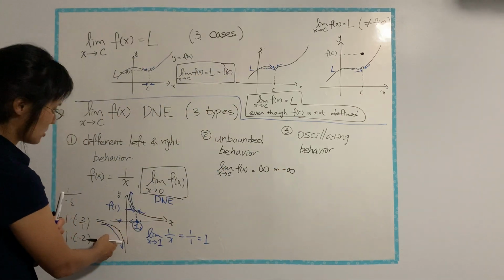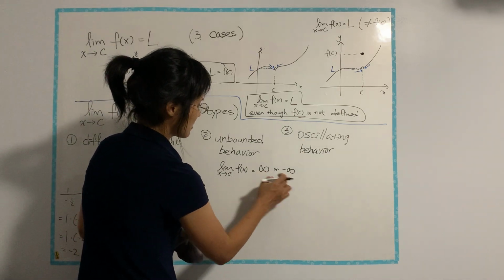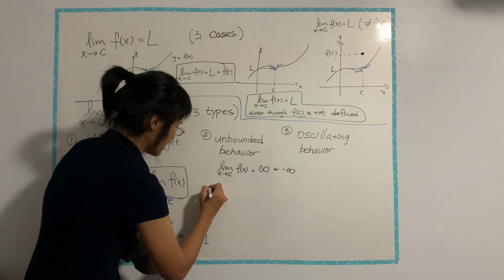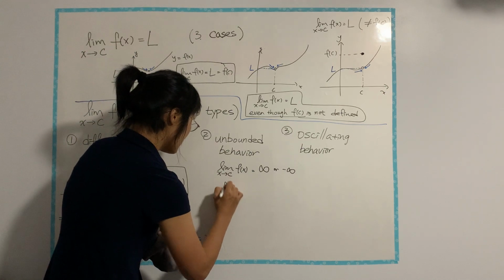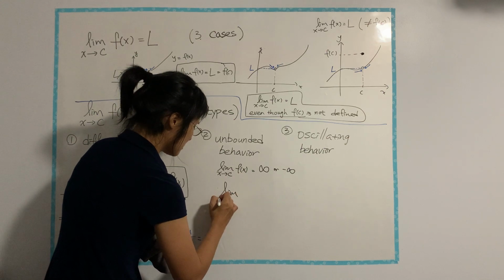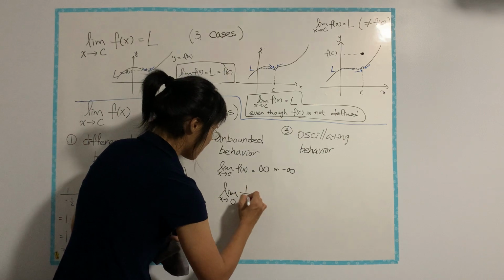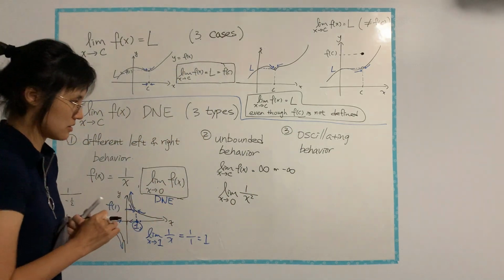Let's keep it simple. All right, so example. Let's say I'm trying to find the limit of 1 over x squared as x approaches 0.